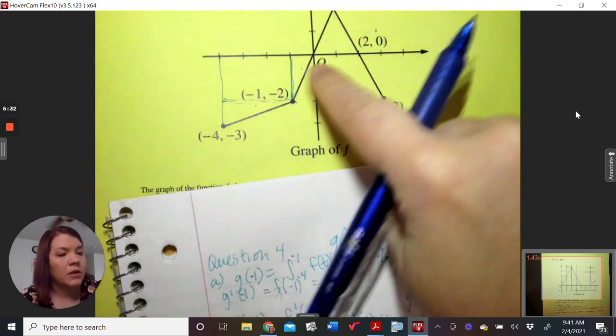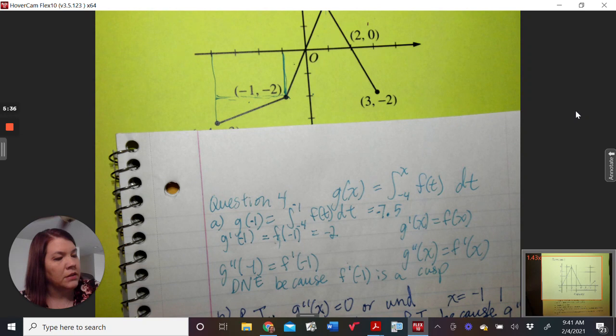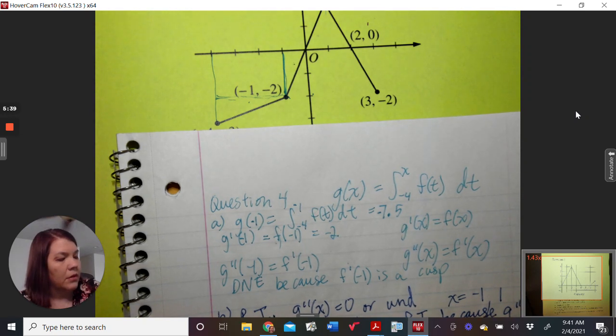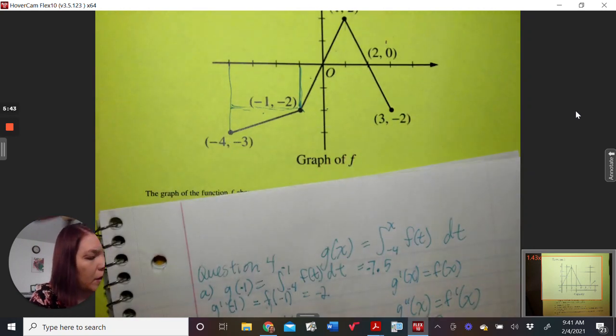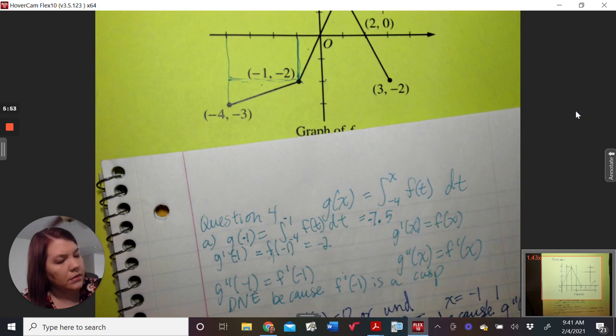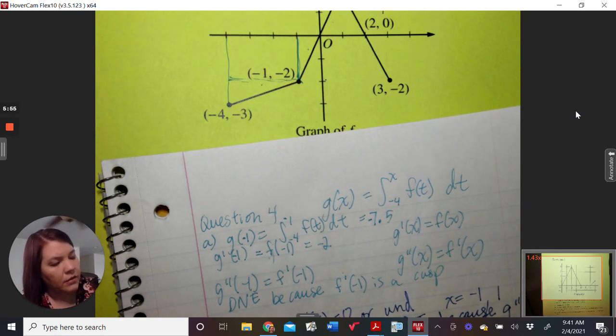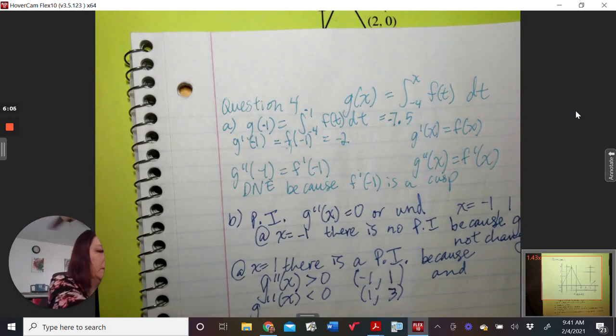See how it's positive and still positive? That's why it didn't change before. G prime of x is positive on the interval from -1 to 1, and g prime of x is negative from 1 to 3. Okay, that's Part B.